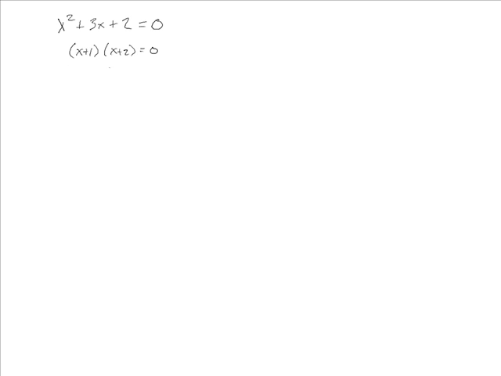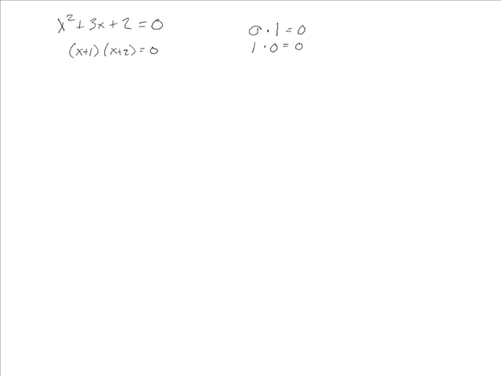If you don't remember how to factor, you should probably check out the other video because I'm not going to show that here. Now we have two factors that are equal to 0. The nice thing about two numbers multiplied to 0 is that if either one of them is equal to 0, the whole thing is equal to 0, just like 0 times 1 equals 0, and 1 times 0 equals 0.